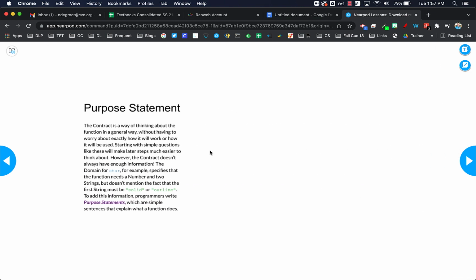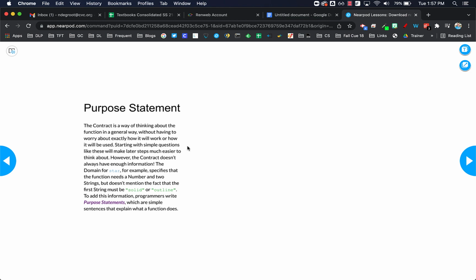Next, the thing that we wanted to add as we're writing these different functions and making our own is this thing called a purpose statement, which is a way to state the purpose of this function, to put it in a plain English sentence.